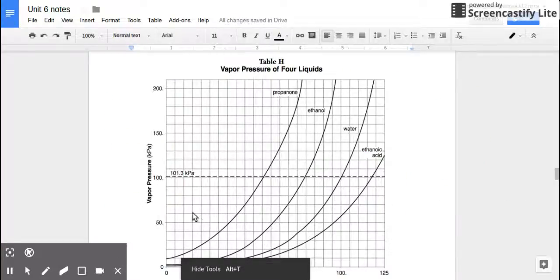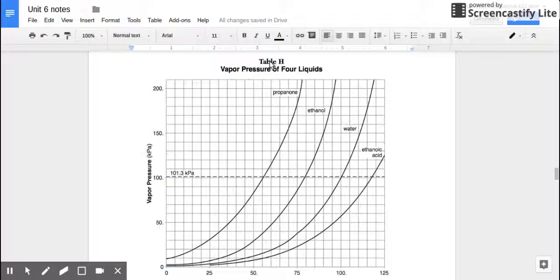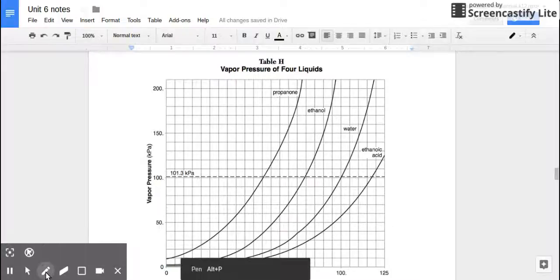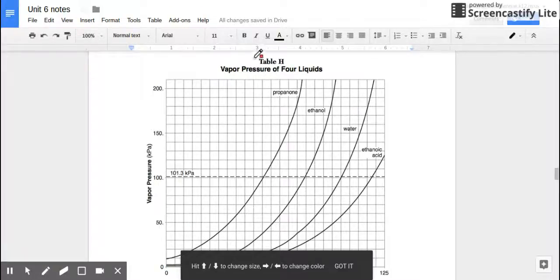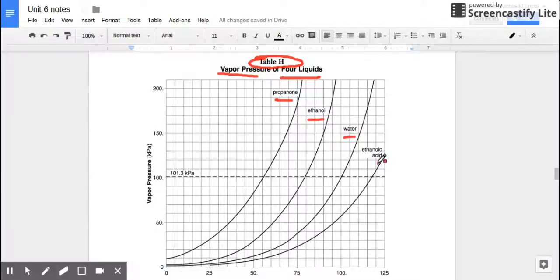Okay, so what I did was I flipped to this table, which is Table H on our reference tables. Table H gives us the vapor pressure of 4 different liquids: propanone, ethanol, water, and ethanoic acid. And what they do is they actually give us the vapor pressure for each one of these liquids at a specific temperature.